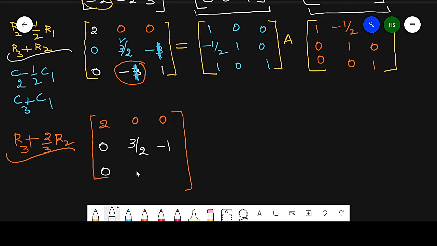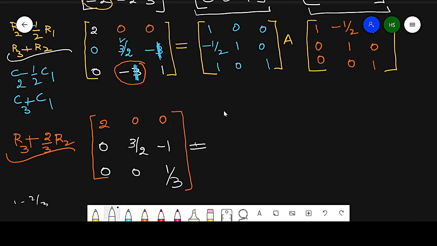So this will be 0, 0. Now here it is 1 plus minus 2 by 3, 1 minus 2 by 3. So this is 1 by 3. So this will become 1 by 3. Remember this, it is 1 by 3.